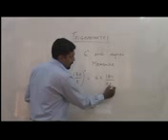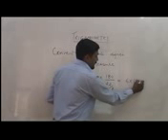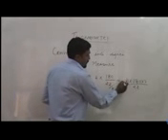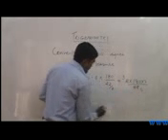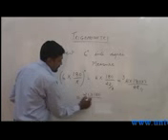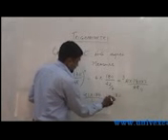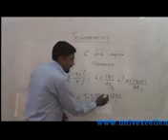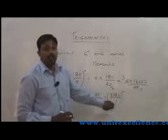So 6 into 180 into 7 upon 22. After simplifying, it is 3780 upon 11.